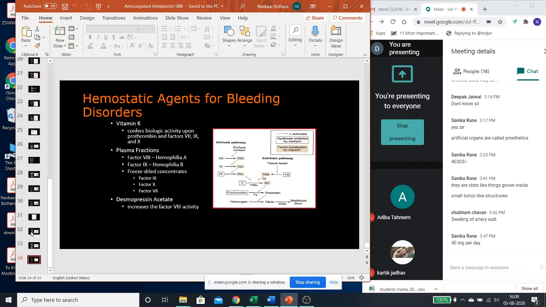So here we have finished, in the last 2-3 lectures, all the agents which are responsible for hemostasis, may it be blood coagulation, platelet activation, or against that, the anticoagulants and plasmin activators.